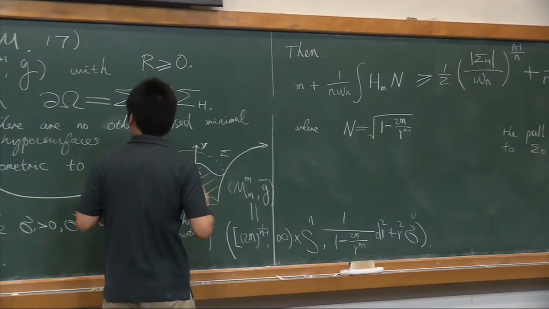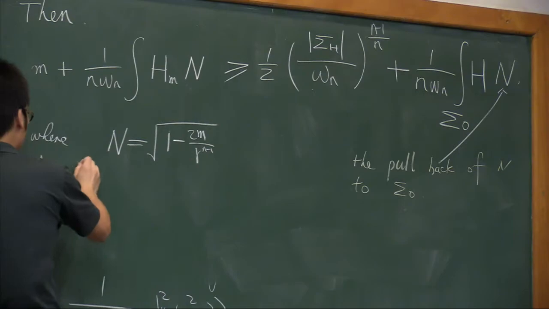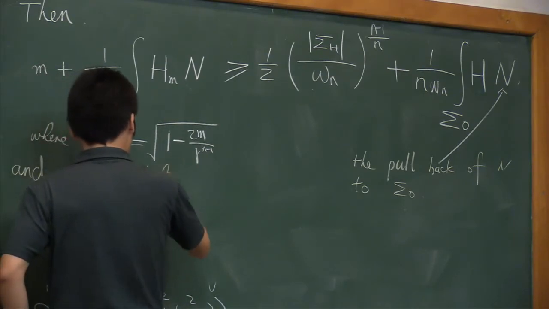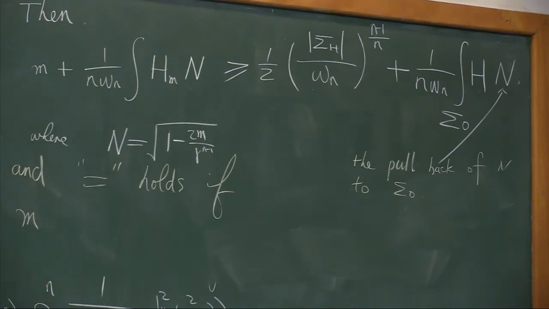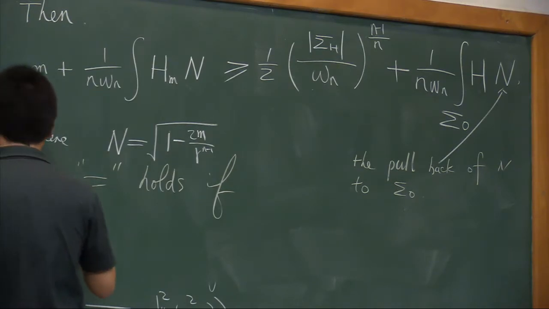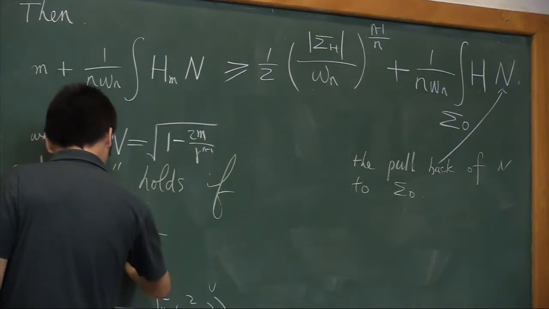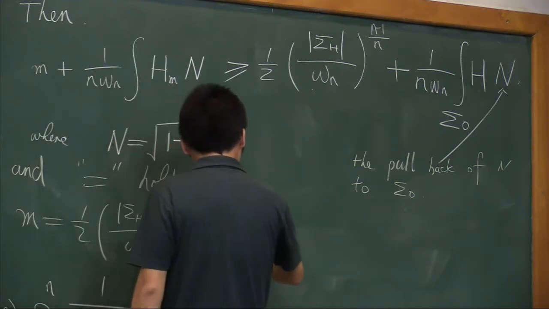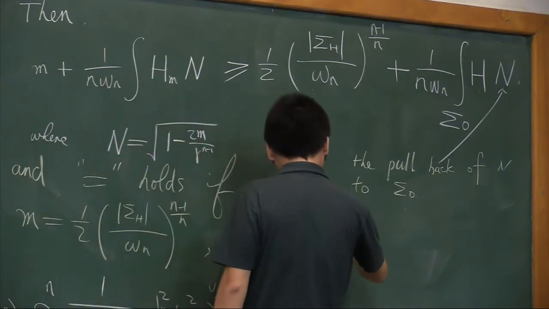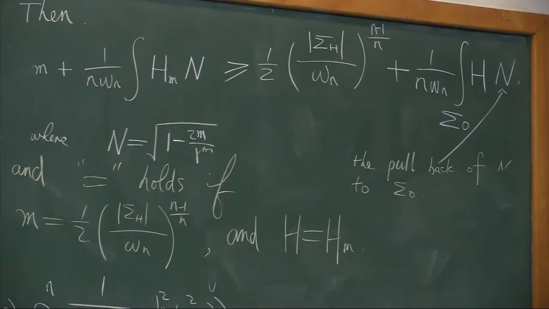So far, we cannot prove that. The conclusion we have is an equality holds if this mass parameter of the target equals the quantity that comes from the horizon area, and the two mean curvature functions identically agree, which are sufficient in some application itself.